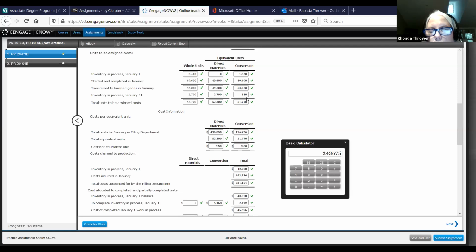The part that was finished for conversion of your ending inventory units is 810 units. So in the calculator, you're going to put 810 units, and you're going to multiply this by the cost per equivalent unit for conversion, which was $3.80.